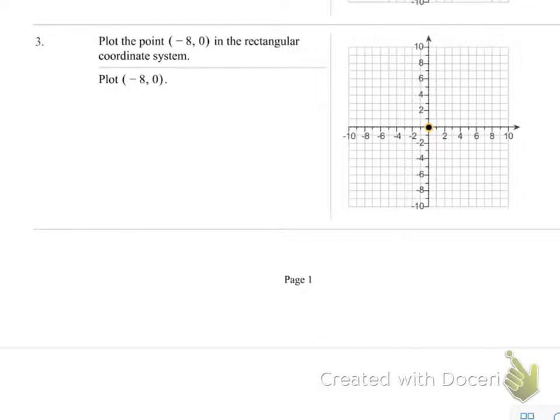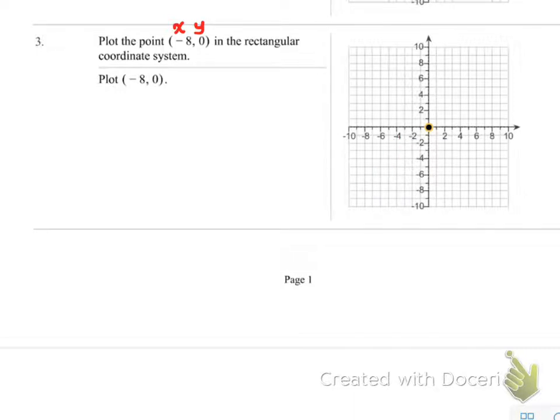I'm supposed to plot the point -8, 0. Well, remember the ordered pair where this is my x and this is my y? So I am going to start at the origin. The origin is 0, 0, which is here.